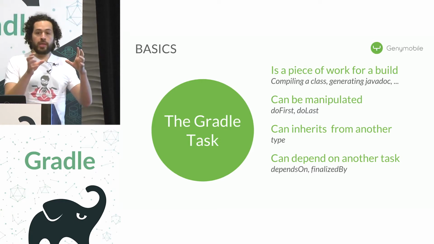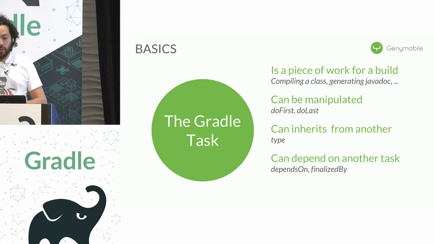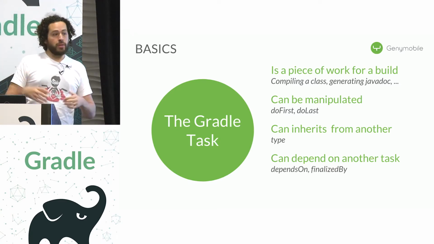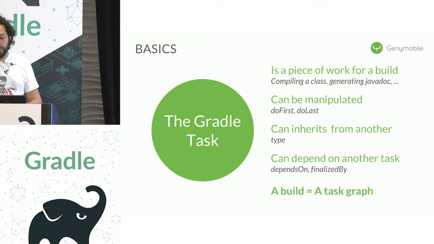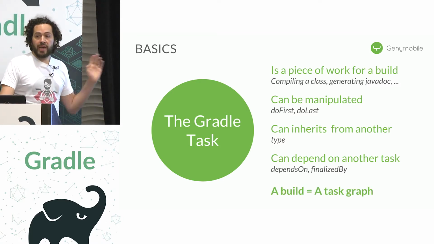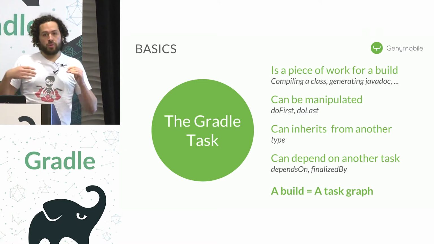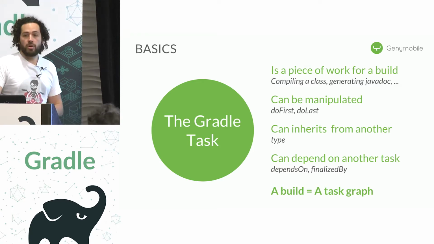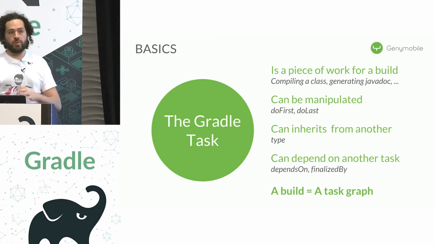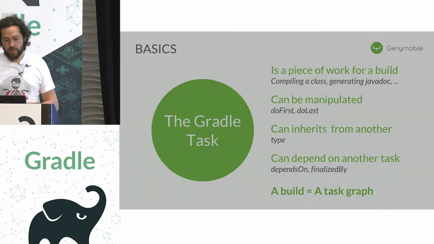When all the plugins that are part of your project have finished creating and linking their tasks, it builds what is called a task graph. These are basics. I won't go deeper into these details, and we will try to focus on other things. But these are a few basics that you must know to understand this talk correctly.